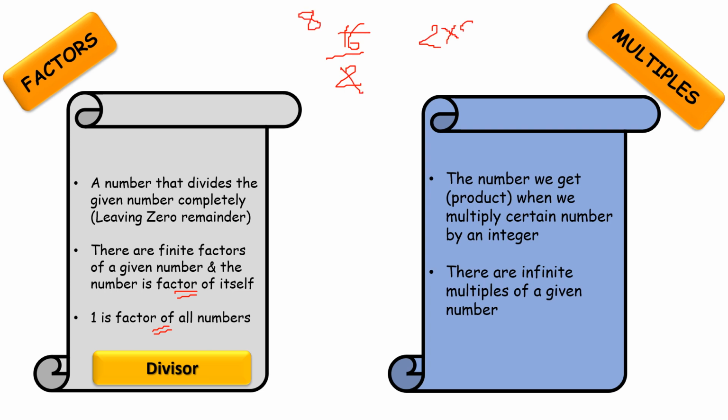So 2 into 8 is 16. So 16 is a product, or here we say 16 is the dividend. So basically when we are finding multiples, we are finding the dividend. So multiples mean dividend and factors mean divisor.